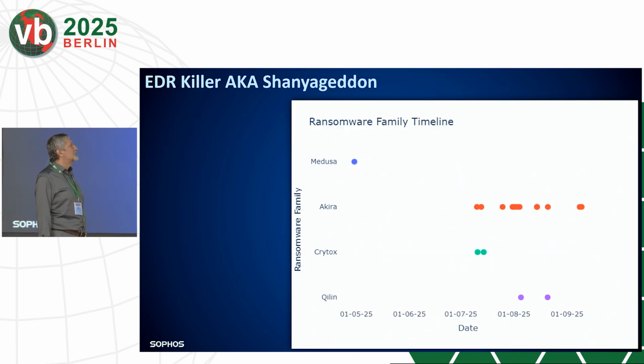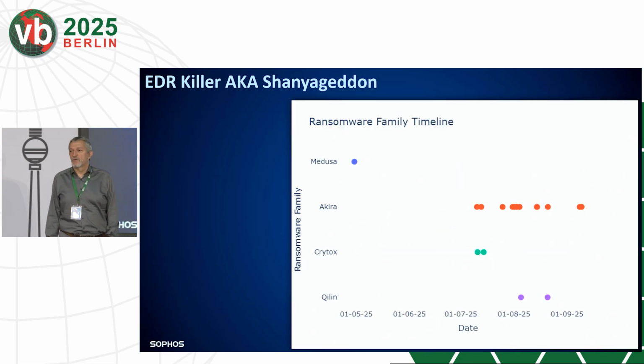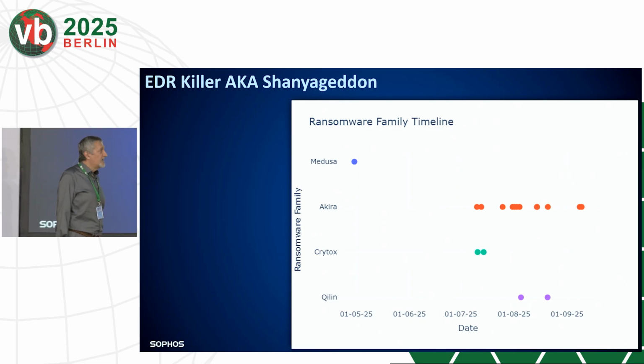Anyway, what does the usage overlap look like? What we have seen, it was most commonly used in Akira, as was reported by that blog, that it was extensively used by Akira using a remote code execution exploit. And there was some overlap with Kritox. Don't ask me to explain that.